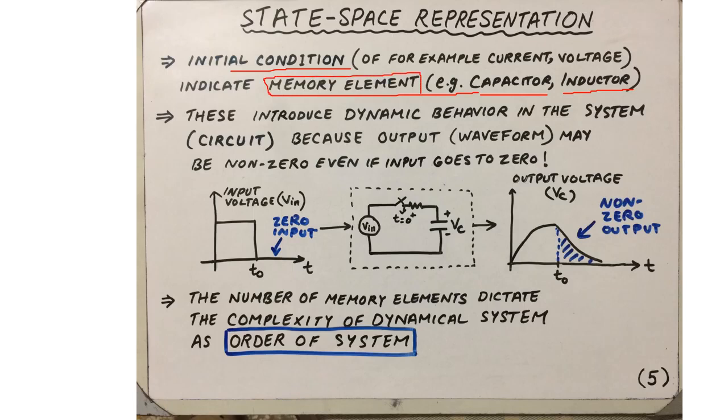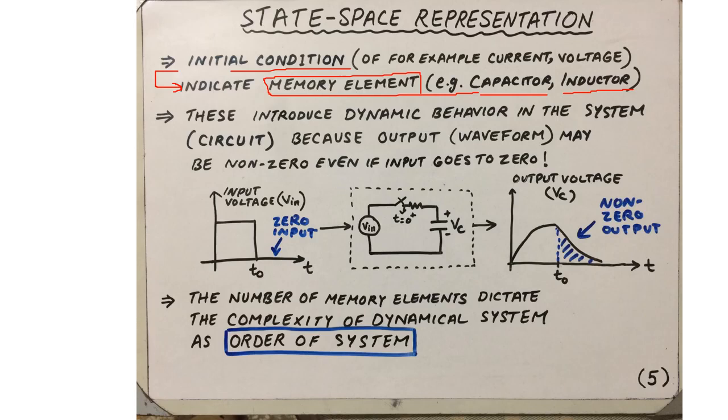Therefore, in this sense, the initial condition indicates the presence of a memory element or some element that stores energy. In physical systems, we don't actually use the word memory element. We like to call them energy storing elements. Memory element is often used in the context of computer architecture or computer engineering disciplines.